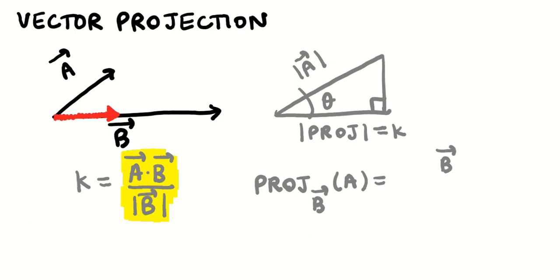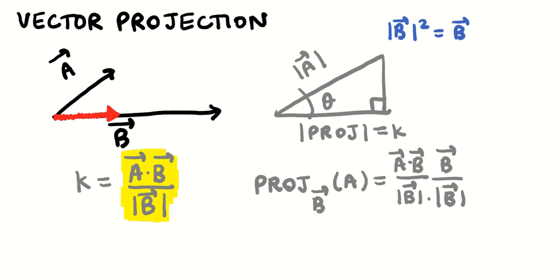How we find a scaled up or scaled down version of B is we take the unit vector in the direction of B and we hit it with its scaling factor. So that'll be A dotted with B divided by the length of B. But then I'm going to apply a nice formula we have, where right here I'd have 2 copies of the length of B. I've shown you before that the length of B squared is equal to B dotted with B. So I'm going to make that substitution, and this is the formula for projection that I'm going to want to use today.